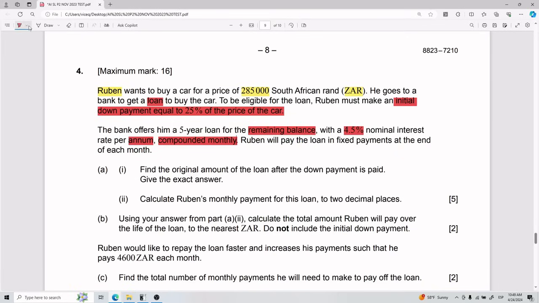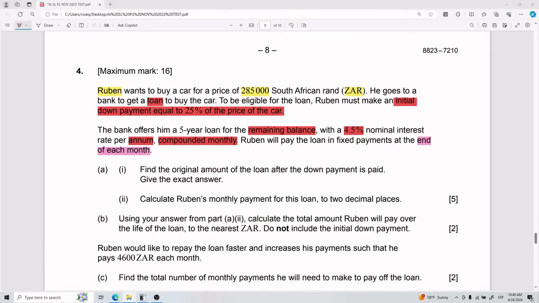And even here, there's key information: Ruben will pay the loan in fixed payments at the end of each month. And so for part A, part I, we need to find the original amount of the loan after the down payment is paid and give our exact answer.